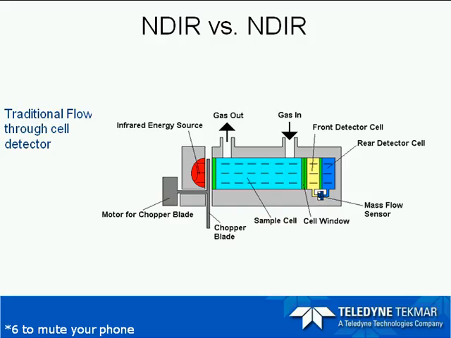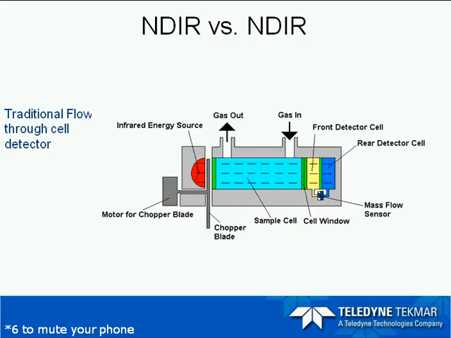And then as the gas concentration, or CO2 concentration, decreases inside the sample cell, the IR energy in the front detector cell goes back to where it was relative to the rear detector cell, and you see a decrease in the electrical output from the mass flow sensor.